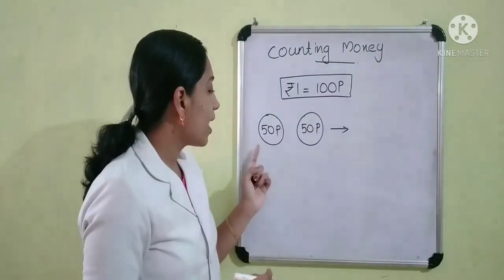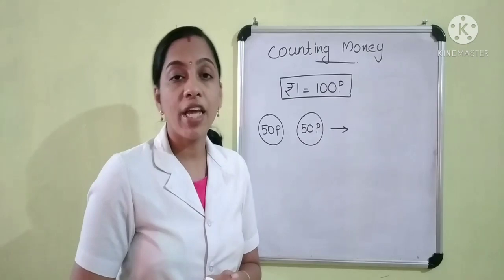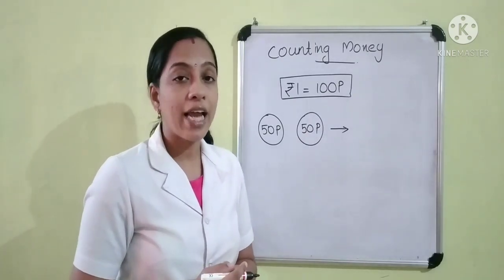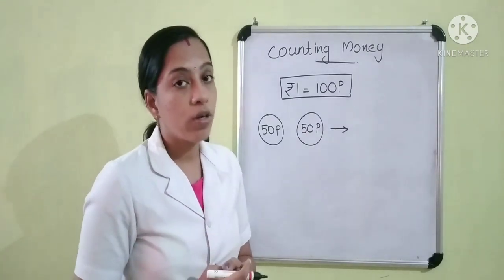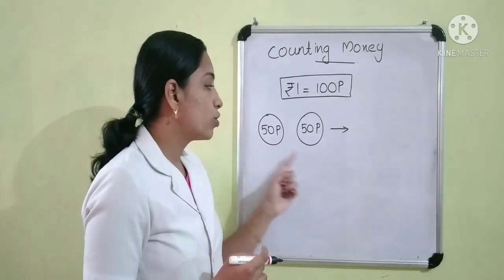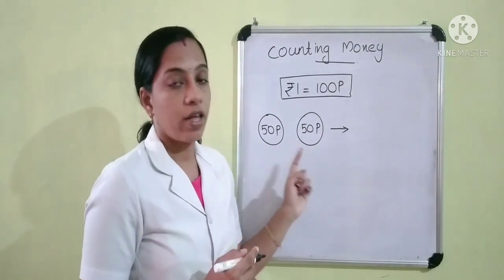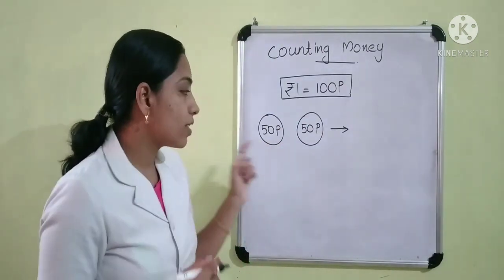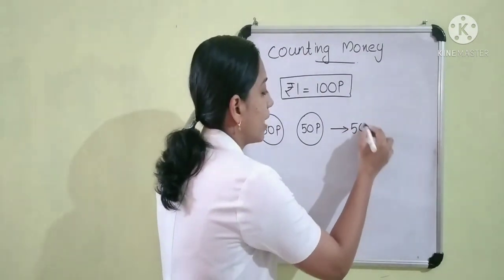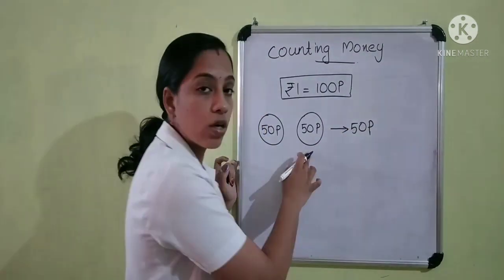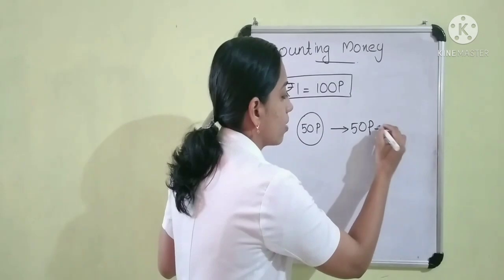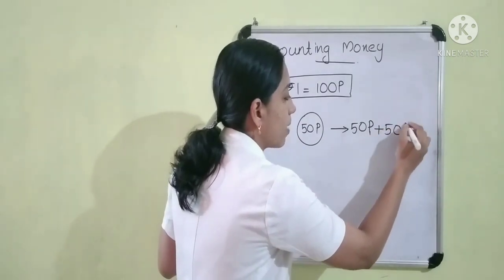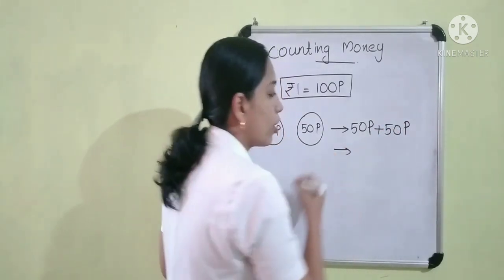See children, here you can see two 50 paise coins. Can you tell me the total amount? We have two 50 paise coins. We know the value of this coin is 50 paise. This also 50 paise. So let us add 50 paise plus 50 paise. What will you get?